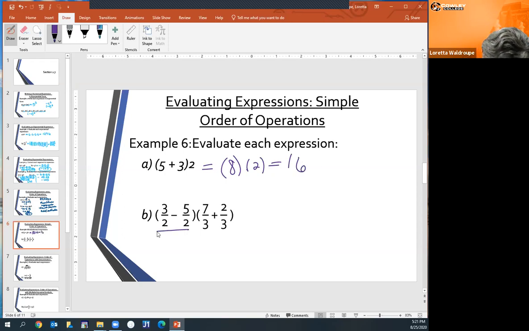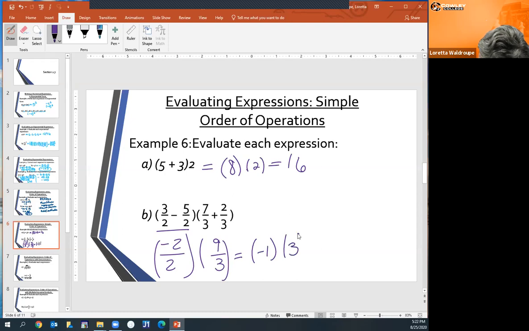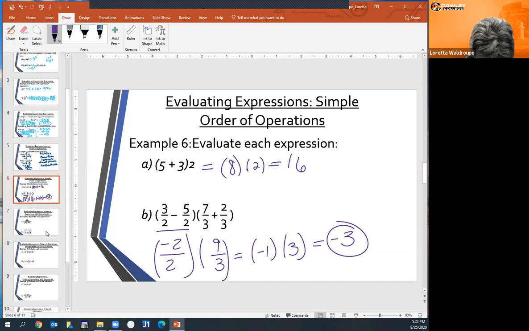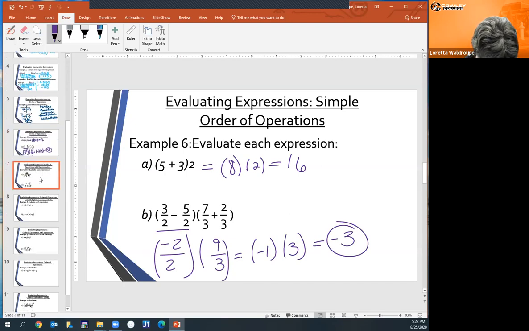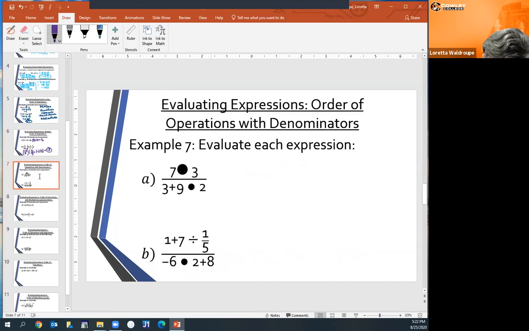Parentheses first. 3 over 2 minus 5 over 2 is negative 2 over 2. 7 over 3 plus 2 over 3 is 9 over 3. Simplifying, I get negative 1 times 3, which gives us a negative 3.